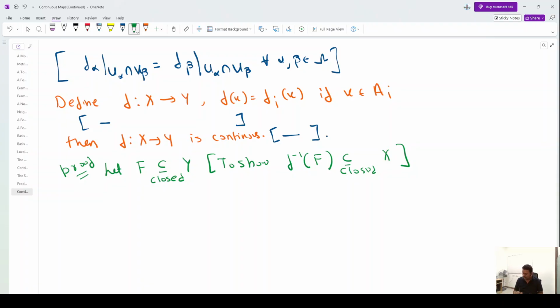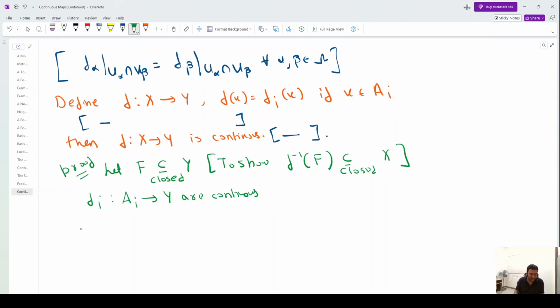Now, see, the f_i from where to where? A_i to Y are continuous, right? So whatever will be the proof.